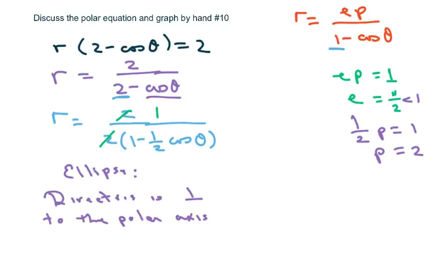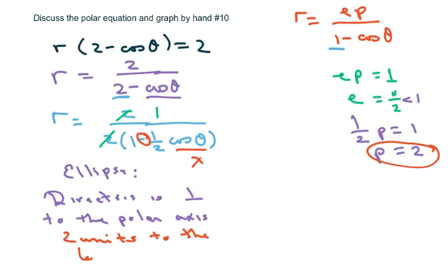And we know that it's 2 units. And since this is minus, it means it's to the left. Remember cosine is x, so we're going left to right. Since it's minus, it's to the left of the pole, the origin.